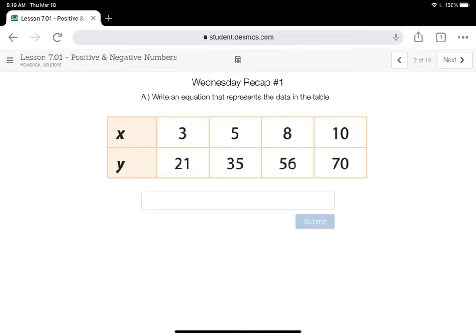Before we start with today's lesson, let's do a little recap about Wednesday. So Wednesday, you were looking at how two quantities related to each other. In this case, our x and our y. We call x our independent variable, and we call y our dependent variable.